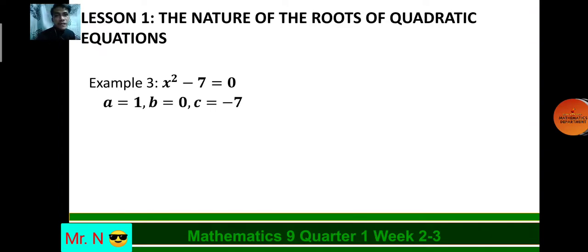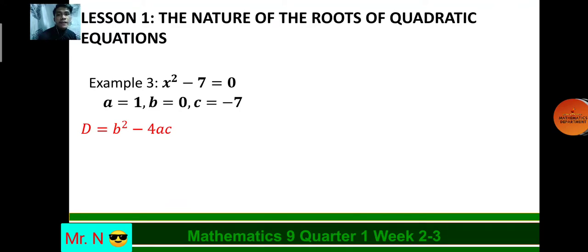So we have now the values of A, B, and C. A is equal to 1, B is equal to 0, and C is equal to negative 7. Now let's substitute all the values in the formula to get the discriminant. The formula, once again, B squared minus 4AC. The value of B is 0.